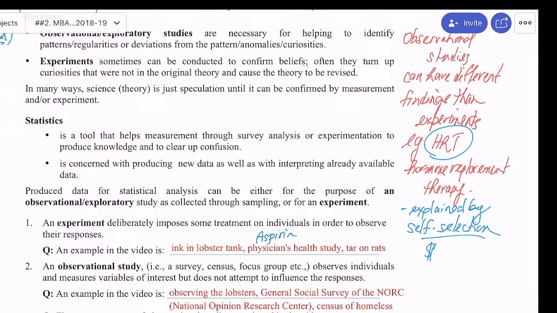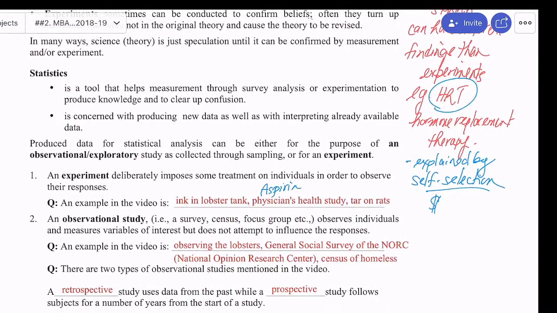So there was the study of observing all lobsters, there was the general social survey of the NORC, National Opinion Research Center, and there was the census on the homeless. Those were all observational studies that were mentioned. They also mentioned two types of studies. There's the retrospective study that uses data from the past, and prospective study that follows subjects forward for a number of years from the start of the study.